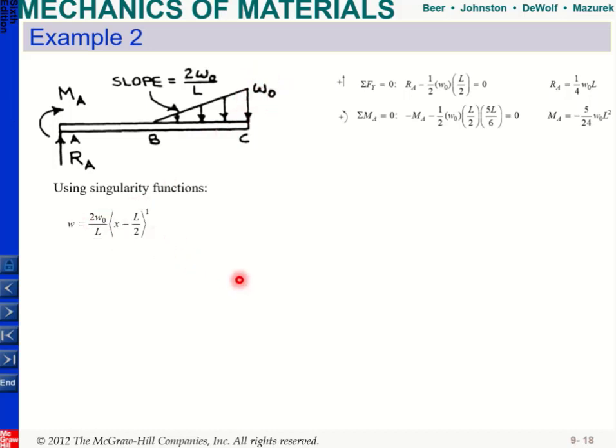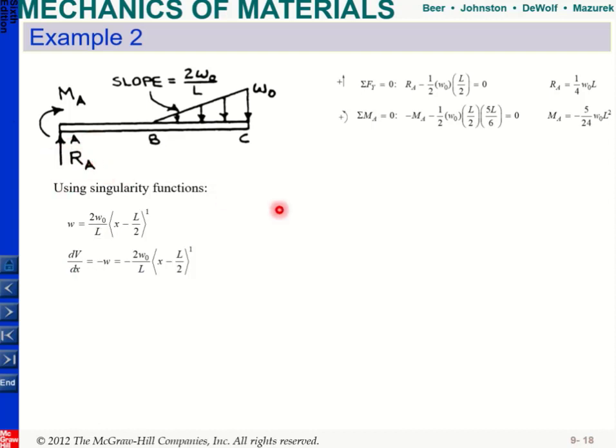Okay, and then after this, what I can do is write my V, and don't forget that this is my equation. So when I write this equation, all I did is take the integral of it, and then I can write my V, but don't forget that I also have RA.